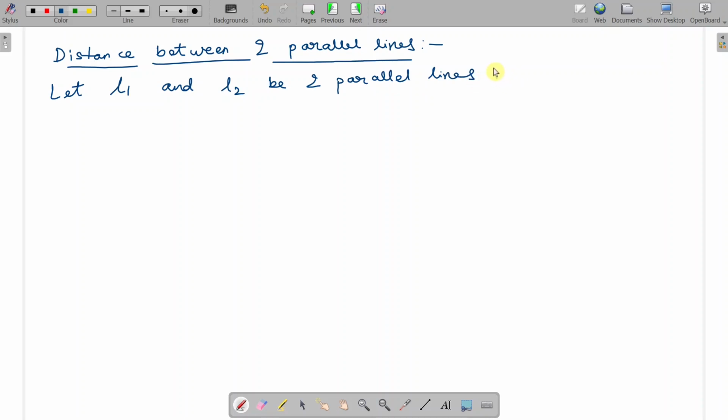Parallel lines are lines whose directions are the same. So let L1 and L2 be given by r bar equal to a1 bar plus lambda b bar, and r bar equal to a2 bar plus mu b bar. There is no b1 b2 because the direction of the two lines is the same, so these lines are parallel.